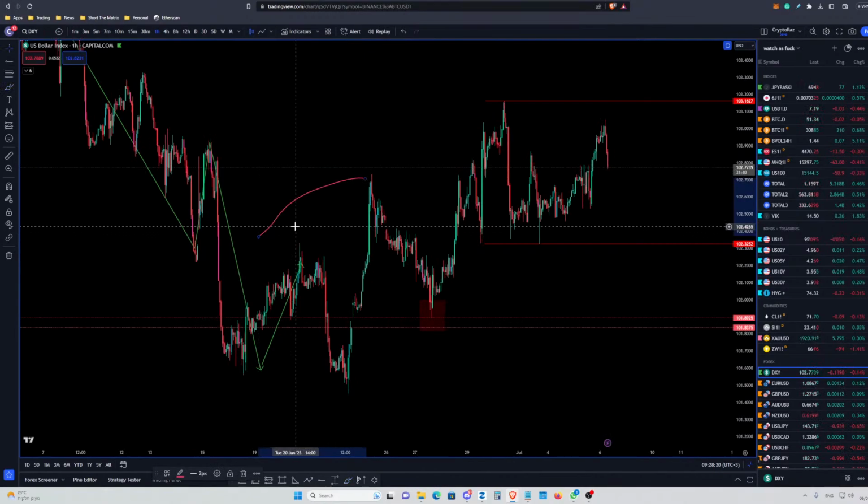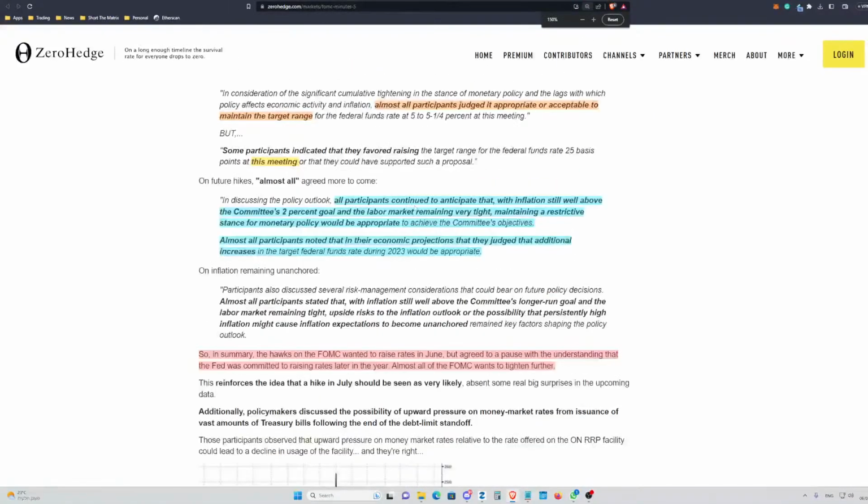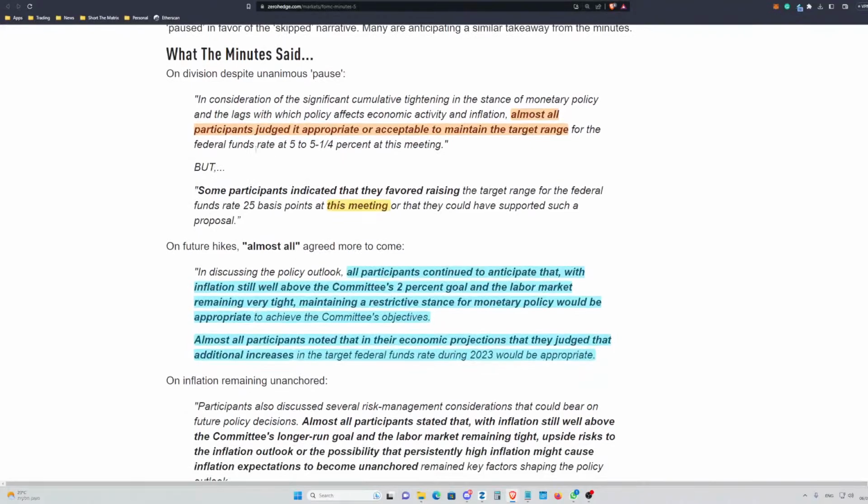So in regards to that, let's see what the minutes have said. Let me grab this right here. This is an article written by Zero Hedge. So I highlighted the important stuff, which we will discuss, of course, as we go through it.